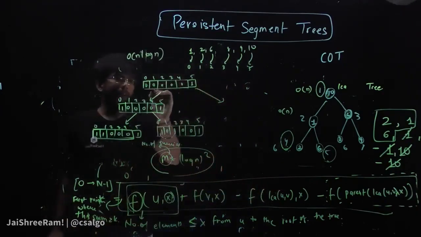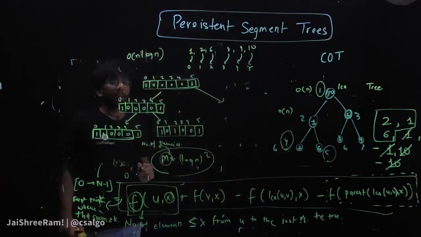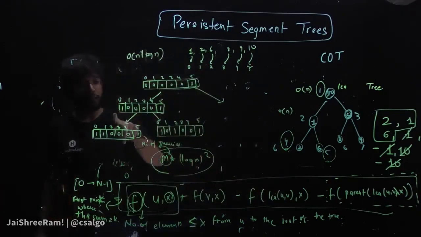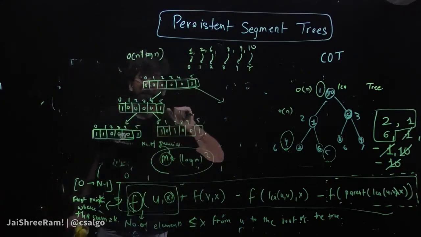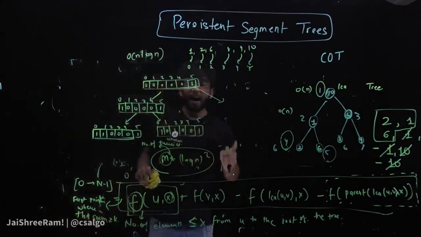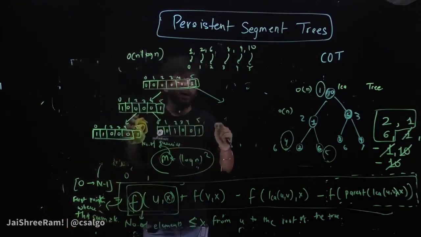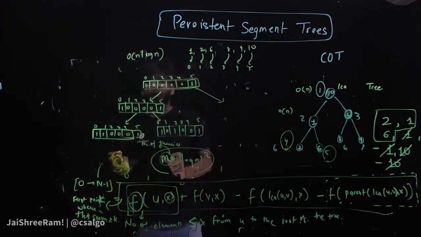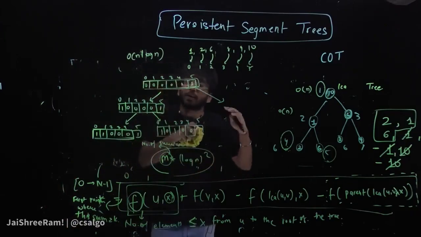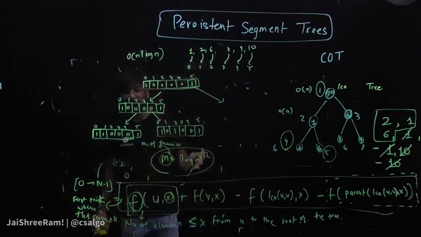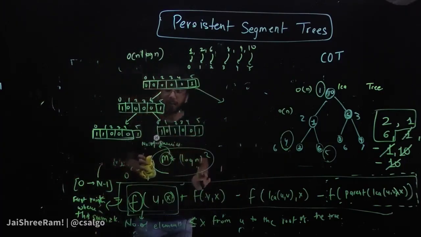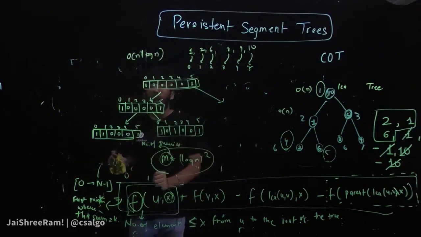Since I know the segment tree for this, there's only one update that the child of a parent brings into its segment tree. So I just need log n extra nodes for that particular child, in addition to the nodes of the parent. The other nodes that aren't changed actually point to the nodes of the parent, and the nodes which are changed are created for the child again.